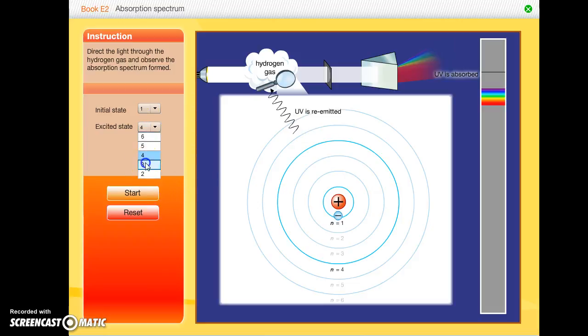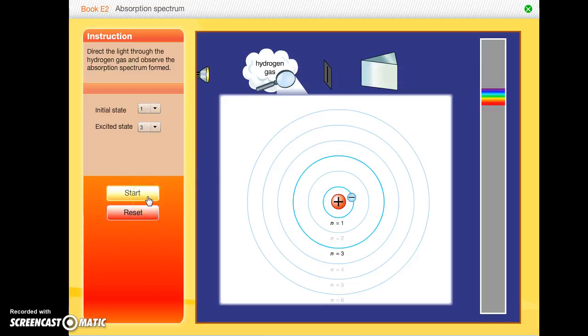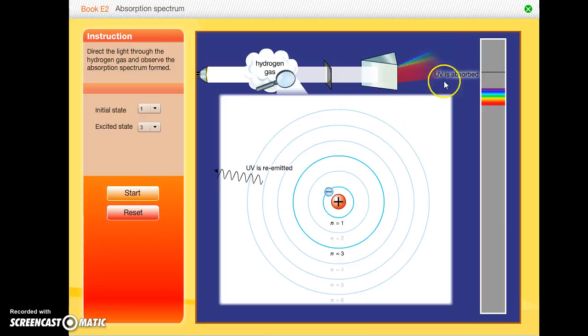Let's try other settings. We do that again. Now the photon is absorbed, and this time it is also a UV light. And the UV light is re-emitted in another direction, so that the forward direction has fewer photons of this frequency.